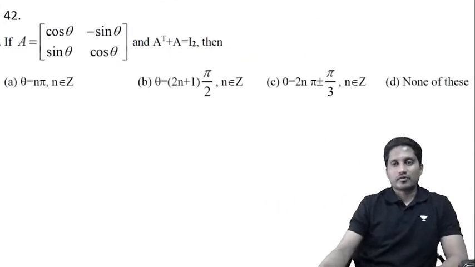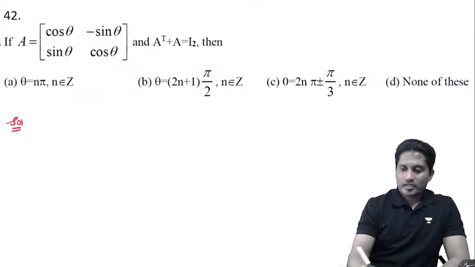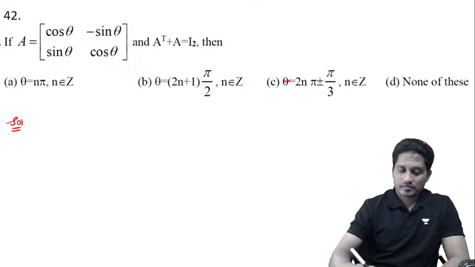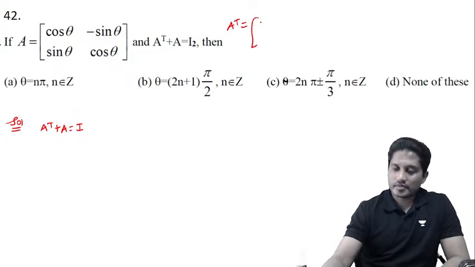Right, question number 42. This is theta. This is not 0, this is theta. Okay, now A transpose plus A is equal to I. A transpose is equal to, first row becomes first column.